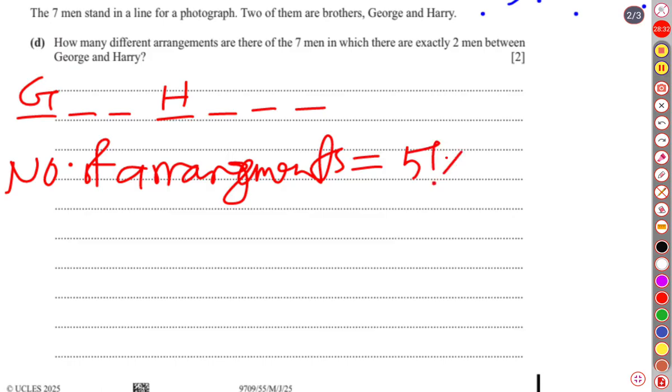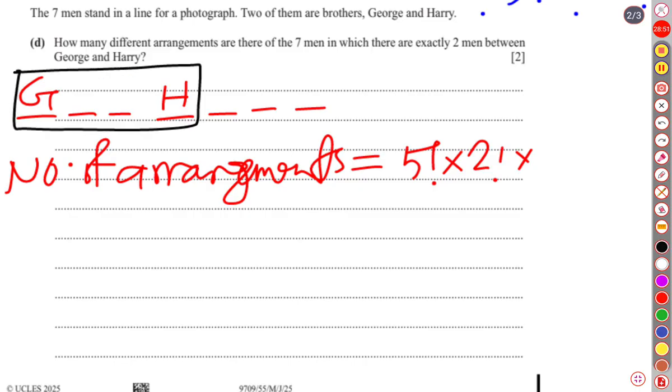After that, look at this. George and Harry can also interchange their positions in 2 different ways. So 2 factorial. Now, if we make a box of this, this box can be over here, there, as well as there.